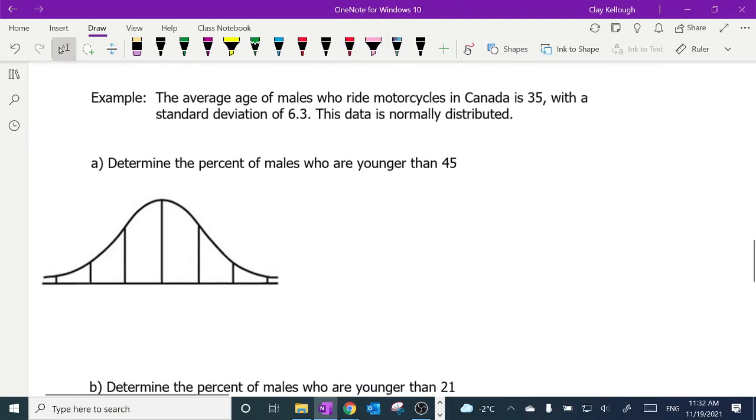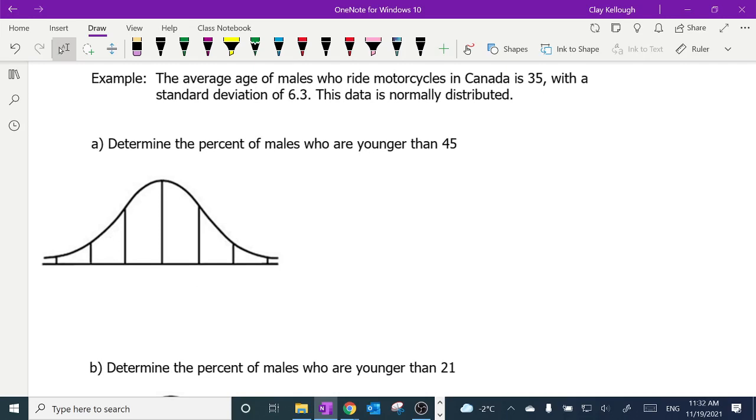The average age of males who ride motorcycles in Canada is 35 with a standard deviation of 6.3. Let's put some numbers on a graph. That means the mean goes right in the middle, 35. One standard deviation would be 35 plus 6.3, which is 41.3.